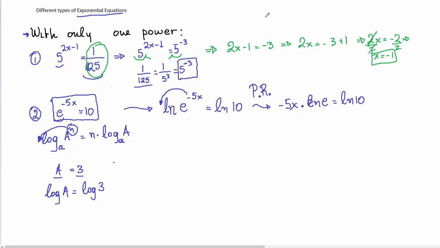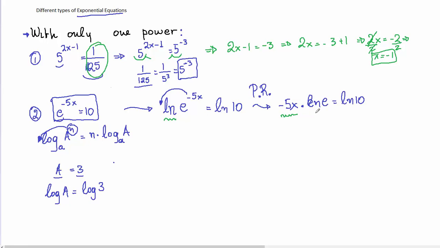Now, let's observe what happened here. First of all, the negative 5x is now a variable term and not in the exponent anymore. Second, by choosing ln, where the base of the logarithm is e, I managed to have ln of e.